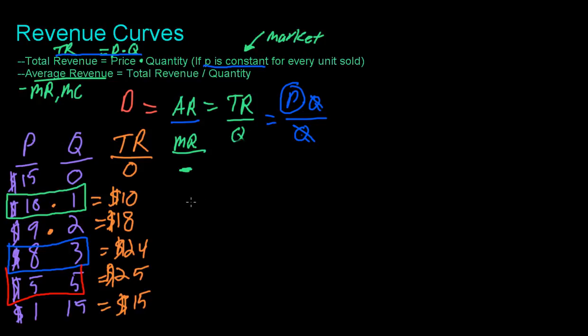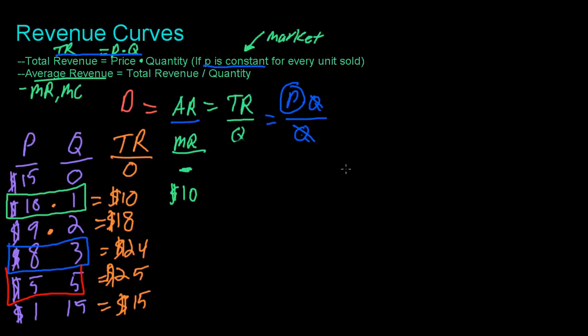So for the first hamburger sold, we go from making $0 in total revenue to $10 in total revenue. So our change in total revenue is $10. And I'm going to show you the formula that I used to calculate this. In this example, I just did 10 minus 0, because I knew that we were only doing a 1 unit increase in quantity.